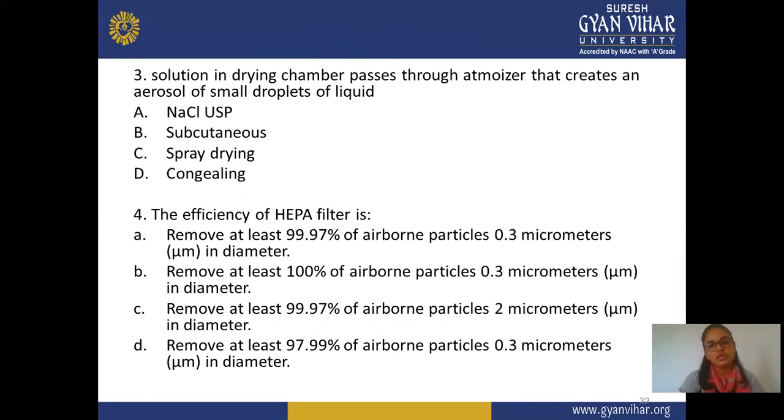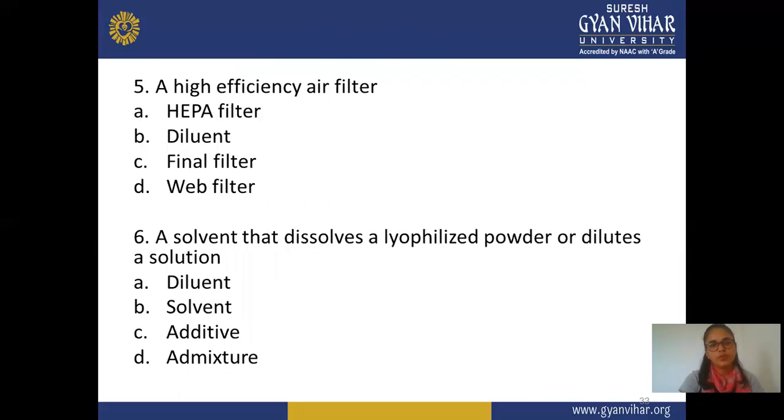B removes at least 99% of airborne particles 0.3 micrometer in diameter. C removes at least 99.97% of airborne particles 2 micrometer in diameter. D removes at least 97.99% of airborne particles 0.3 micrometer in diameter. Fifth question: a high efficiency air filter is A, HEPA filter, B is diluent, C is final filter, and D is web filter.